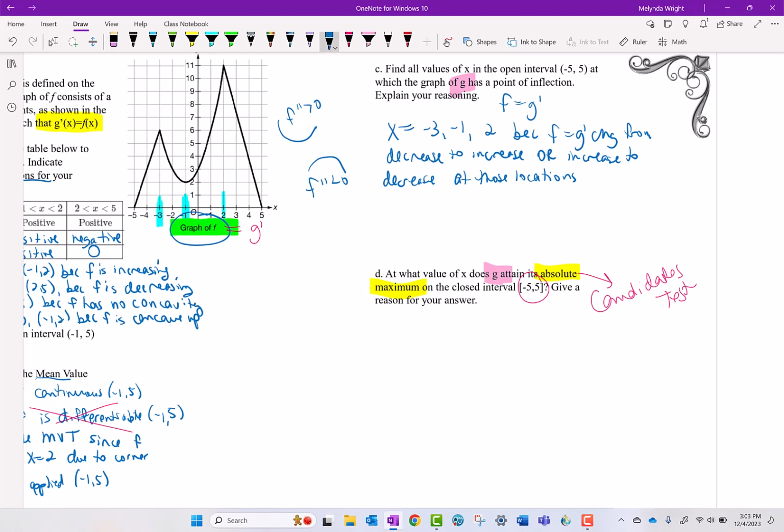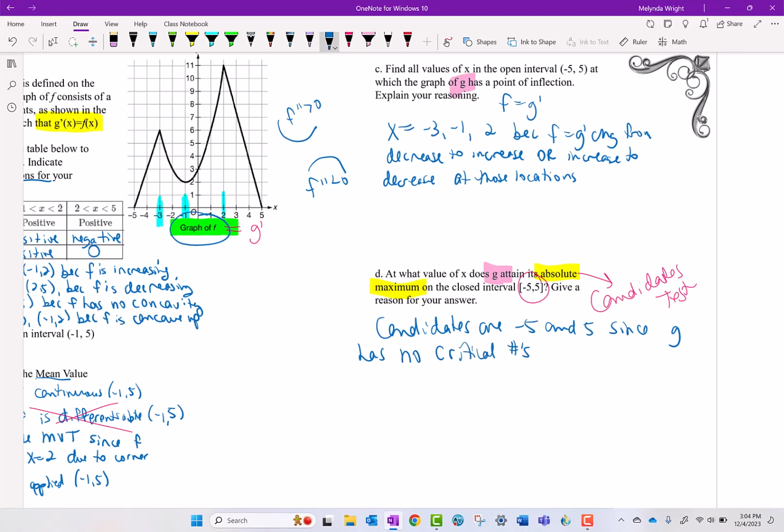So I'm still going to name the candidates. The candidates are -5 and 5 since G has no critical numbers.